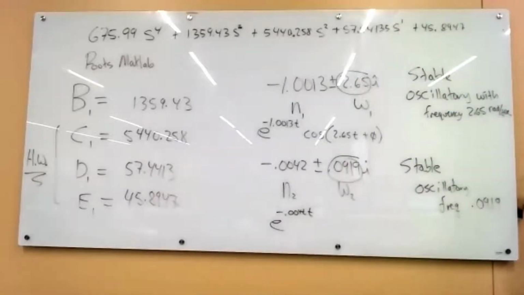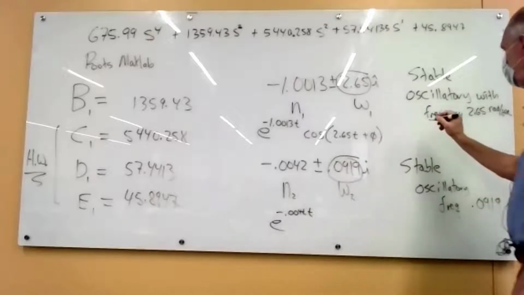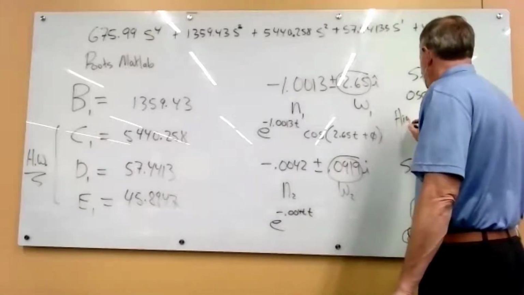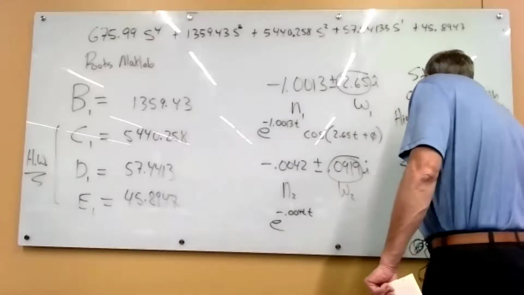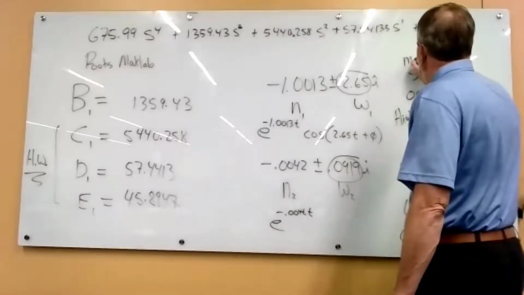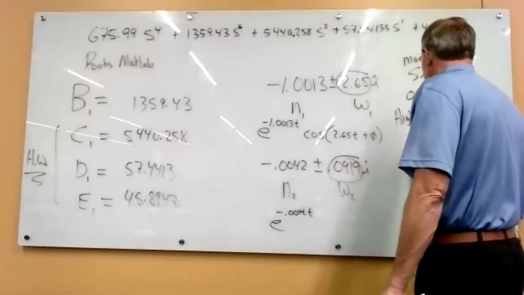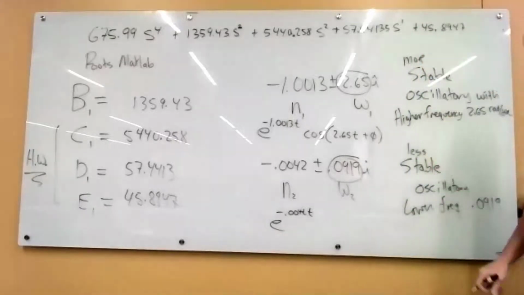Which one oscillates faster? Top one, higher frequency, it's going to wiggle faster. Lower frequency, so higher. We could even say more stable and less stable, comparing the two together.